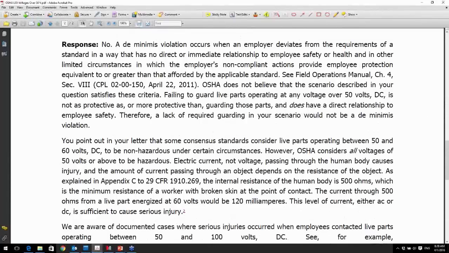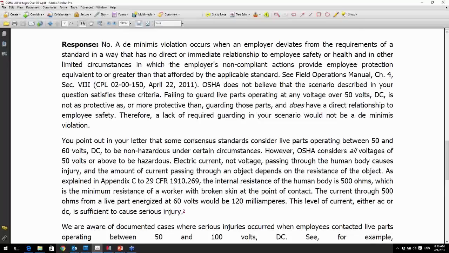So they go on to say a de minimis violation occurs when an employer deviates from the requirements of a standard in a way that has no direct or immediate relationship to employee safety or health, or in other limited circumstances in which the employer's non-compliant actions provide employee protection equivalent to or greater than that afforded by the applicable standard.